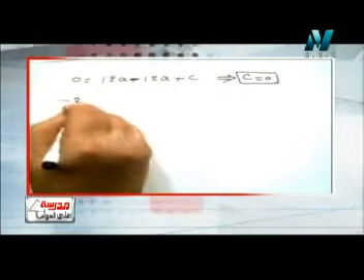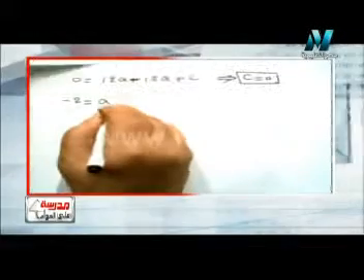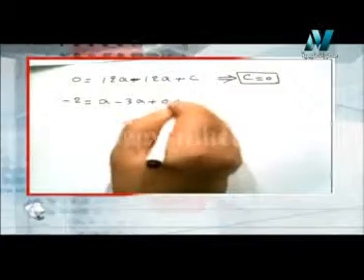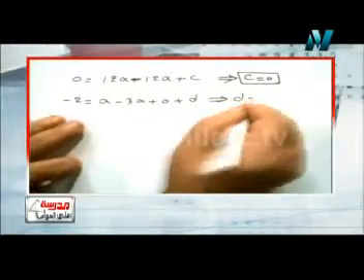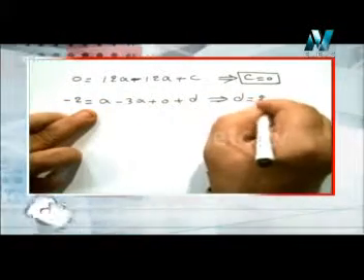Therefore, c equals 0. تمام. Substitute in 2. Negative 2 equal a plus b negative 3a plus c equals 0 plus d. Therefore, d equal negative 2a in other side 2a minus 2.